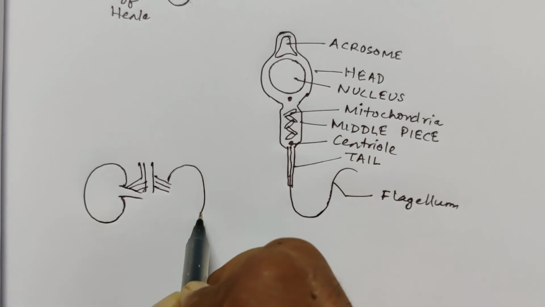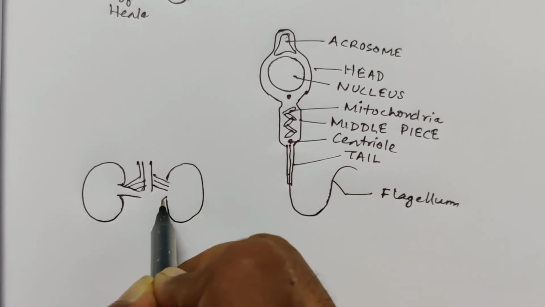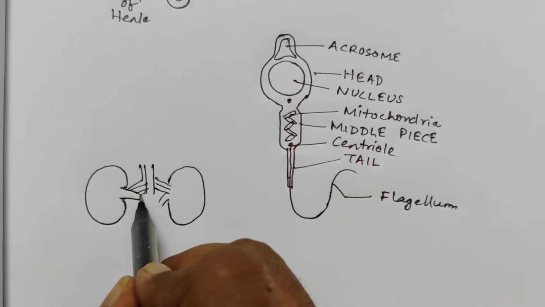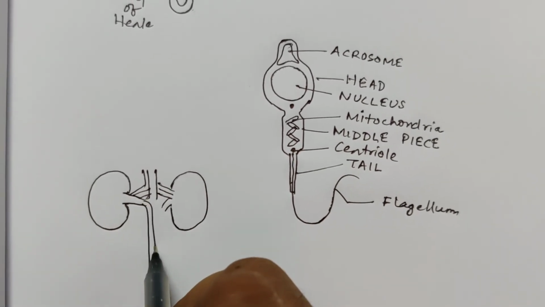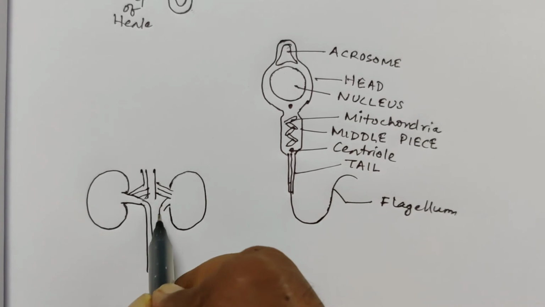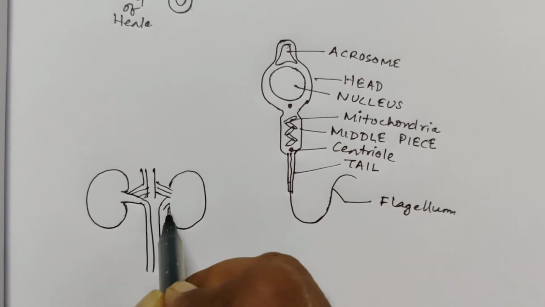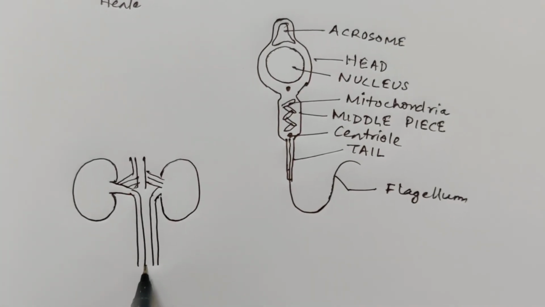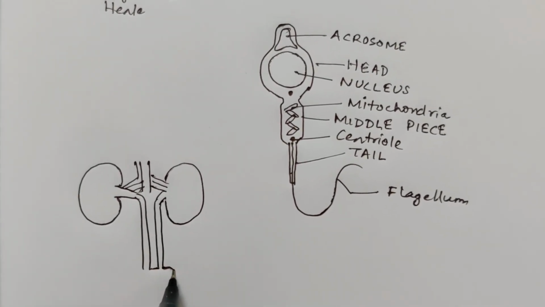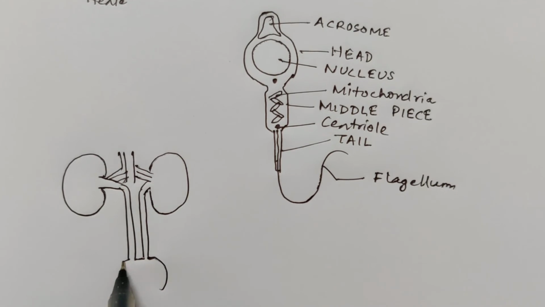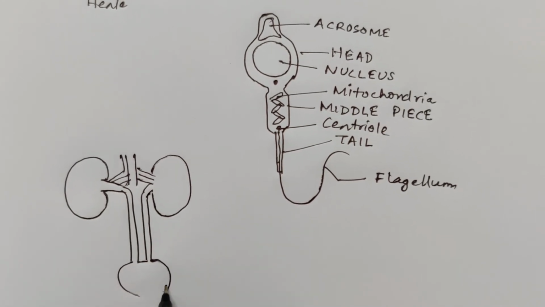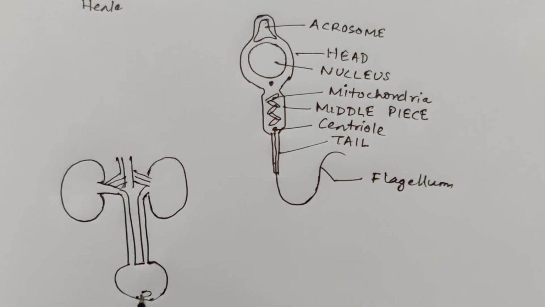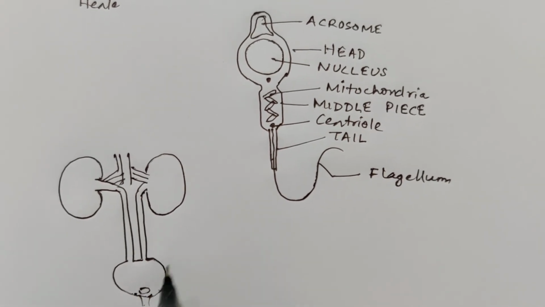This is another kidney. These two are ureters, one from this kidney, another from this kidney. Here there is urinary bladder. Here the urethra.